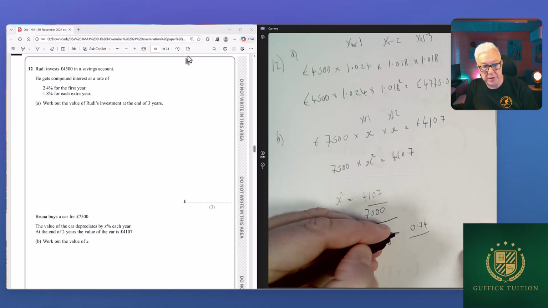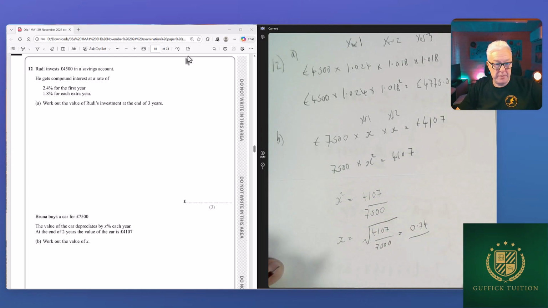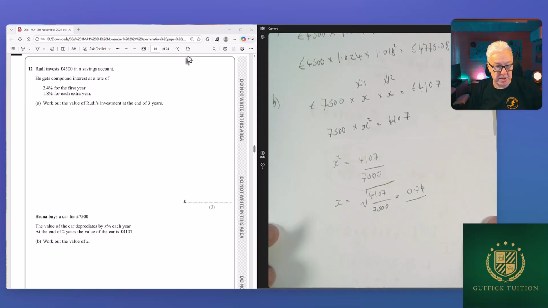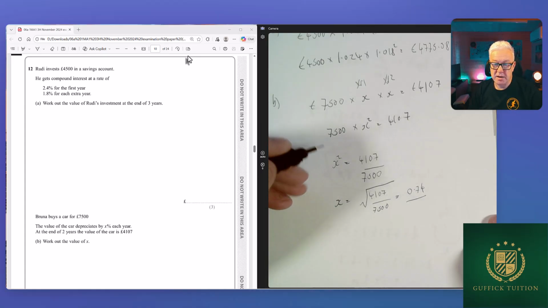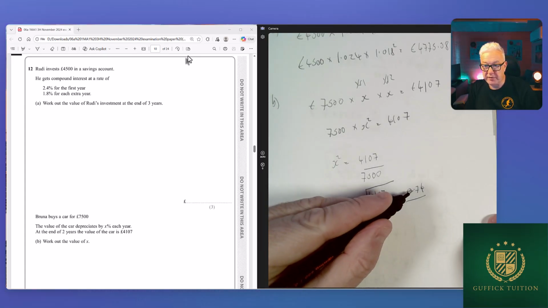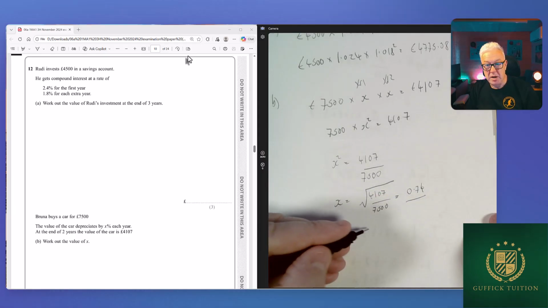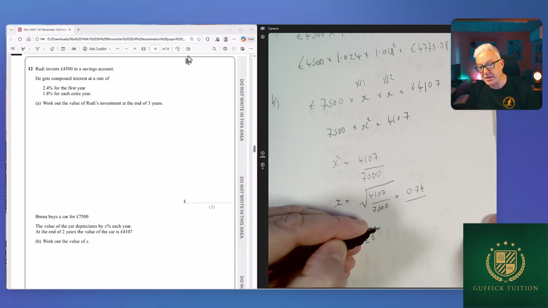Now we've got to think about what this means. It says the car depreciates by X amount each year. Work out the value of X. So X is 0.74. So if we've got 0.74 of the value, that means that the car has depreciated by 26%.